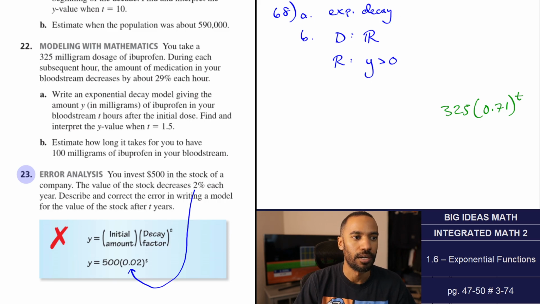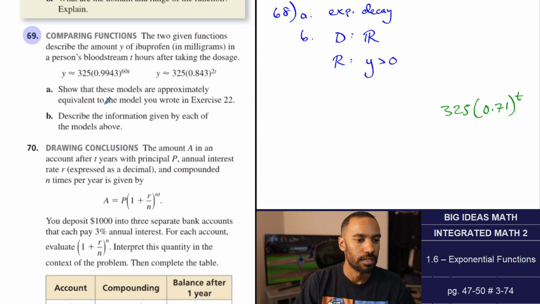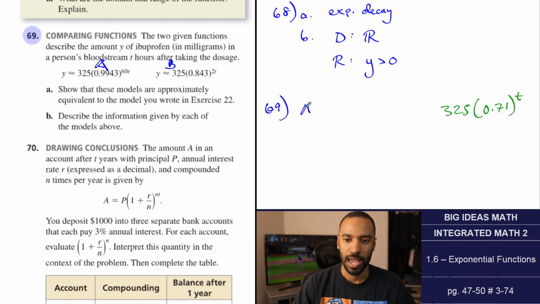So this is problem 69 here. Let's call these A and B, function A and function B. For number 69, function A, we have y equals 325 times 0.9943 to the 60t.